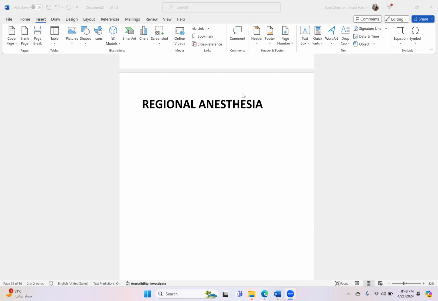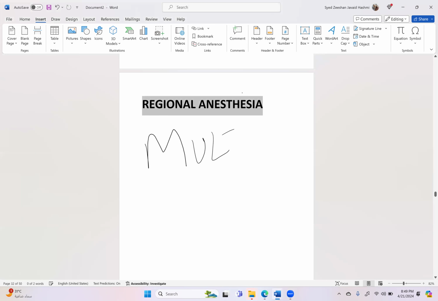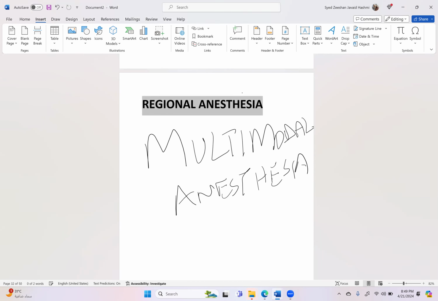This is one aspect of regional anesthesia. The other aspect is as part of general anesthesia, or part of what we call multimodal analgesia. So this is the second aspect of regional anesthesia.